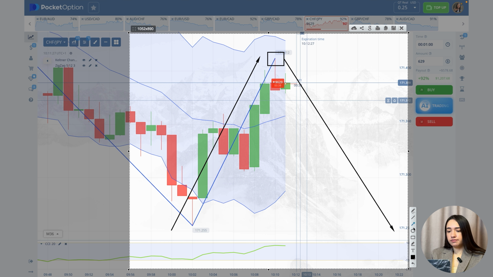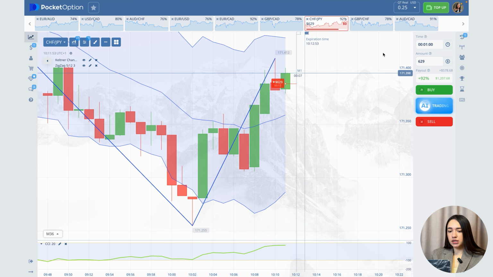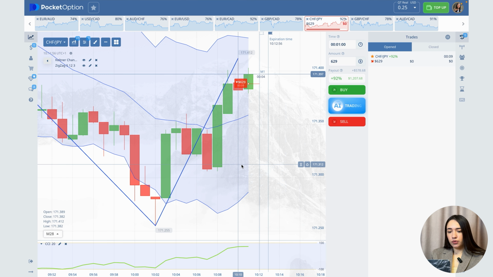The movement picture demonstrated a good impulse in the upward direction, so in general I will open the deal better on the discount.